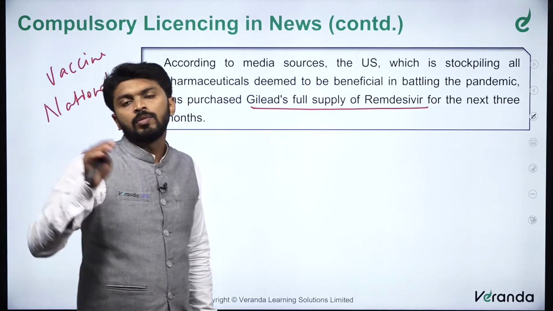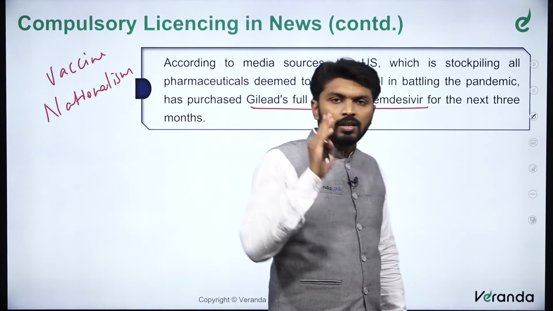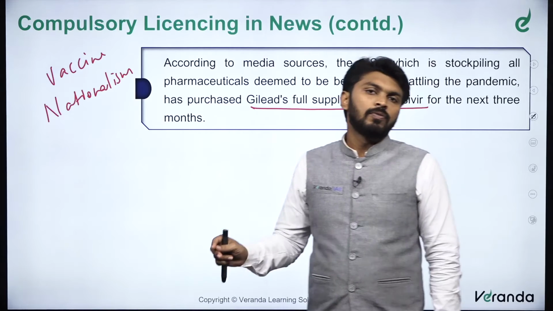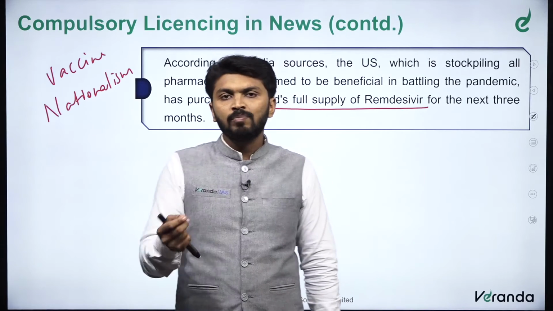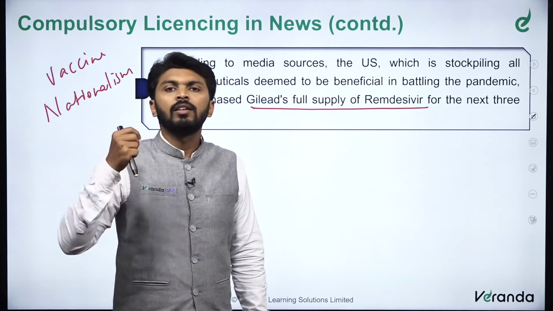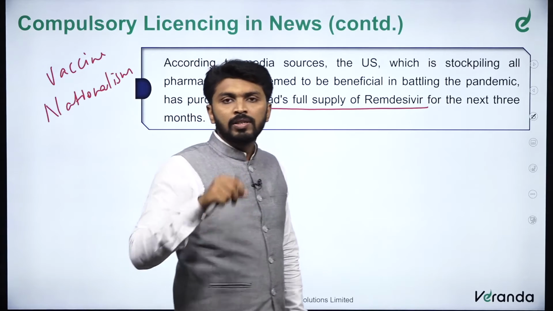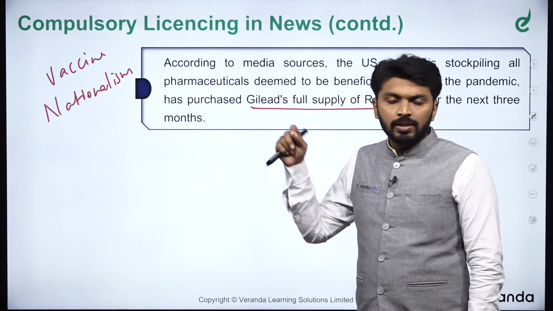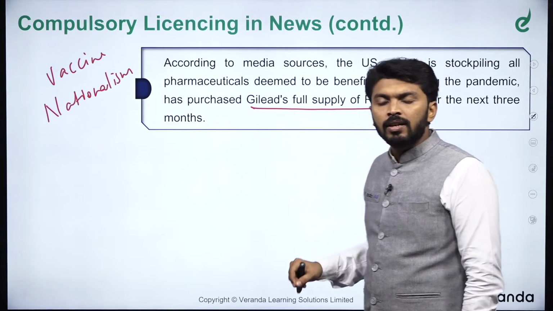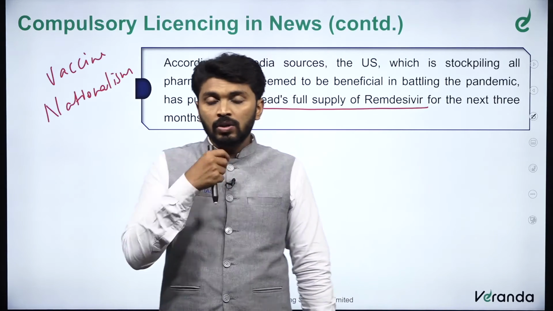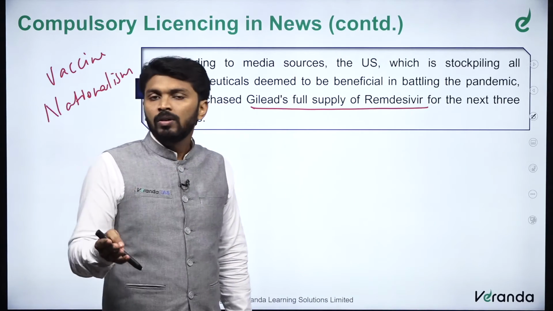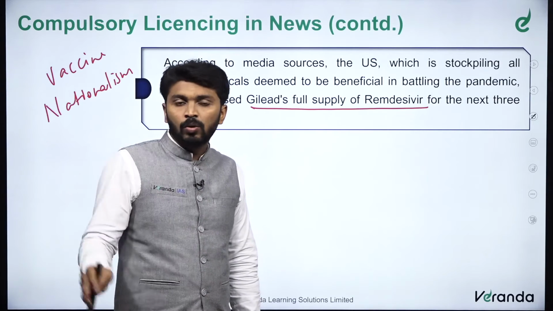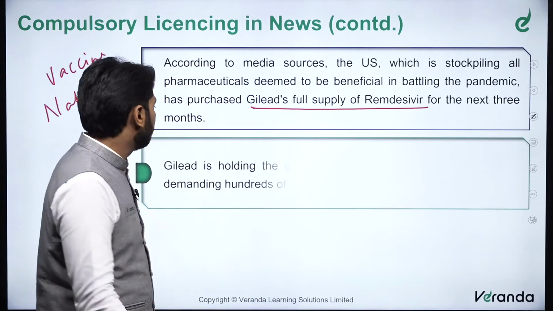So, July, August, September. What happens if a single country on earth procures every supply of remdesivir, which is touted as a miracle drug in treating COVID-19? The rest of the globe will be suffocated. This is why a party, CPI Marxist in India, is asking the Indian government to issue compulsory licensing to allow other manufacturers to produce the same drug without the approval of Gilead Life Sciences.